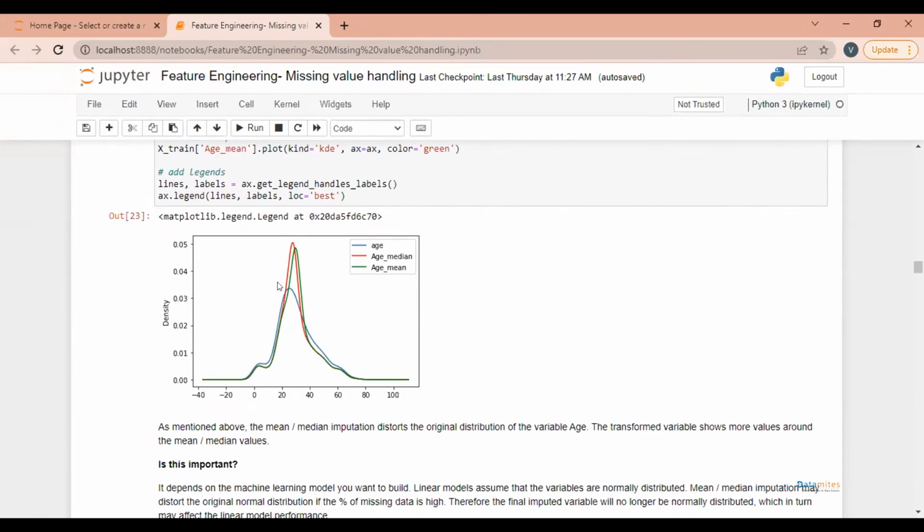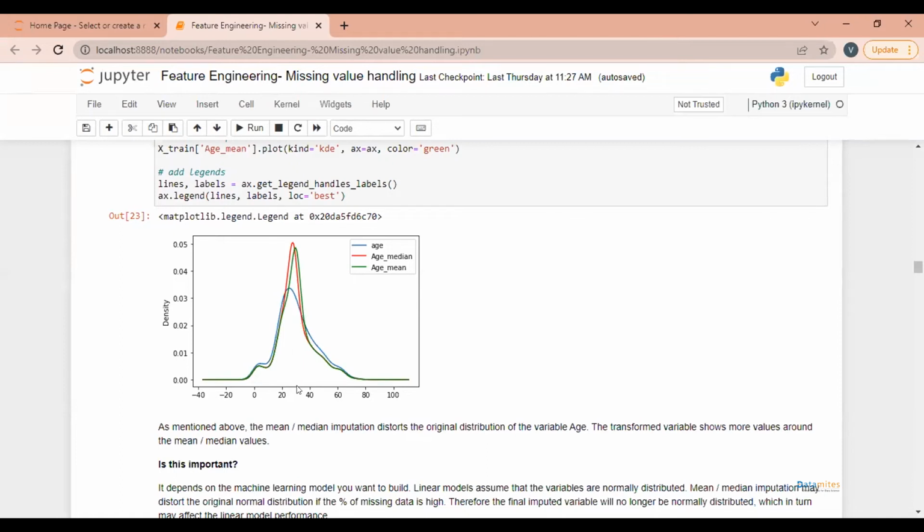This is the plot for age. The blue line shows the distribution of age before imputation. The green line is the plot of age post imputation, and for median it is red. If you compare these distributions, the NaN values which were present in the original dataset have been replaced by the mean or median.